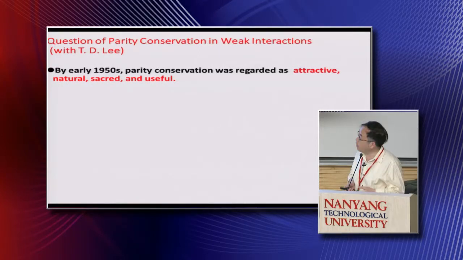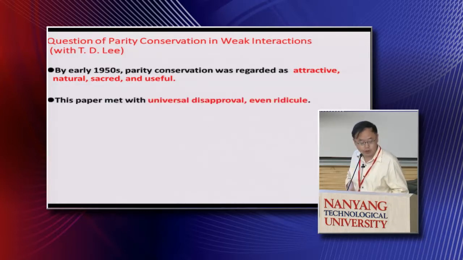Okay, by the early 1950s, parity conservation was regarded as a very attractive, natural principle, and also useful. So naturally, this paper met with universal disapproval, okay, and even ridicule.